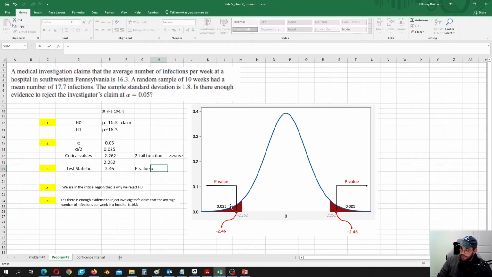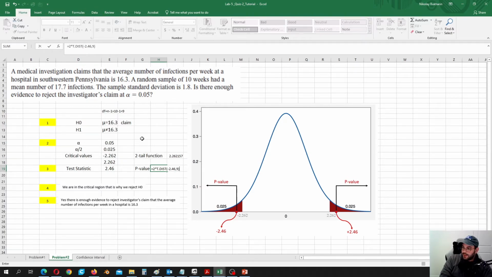We are going to calculate the area under the curve to the left of the test statistic, and then we are going to double it. So it's 2 multiplied by the t-distribution of minus 2.46, and degrees of freedom is 9, which is n-1.